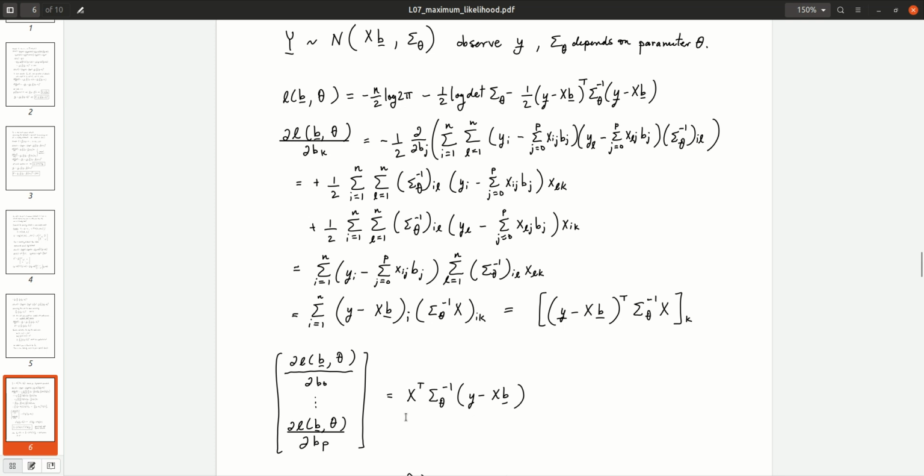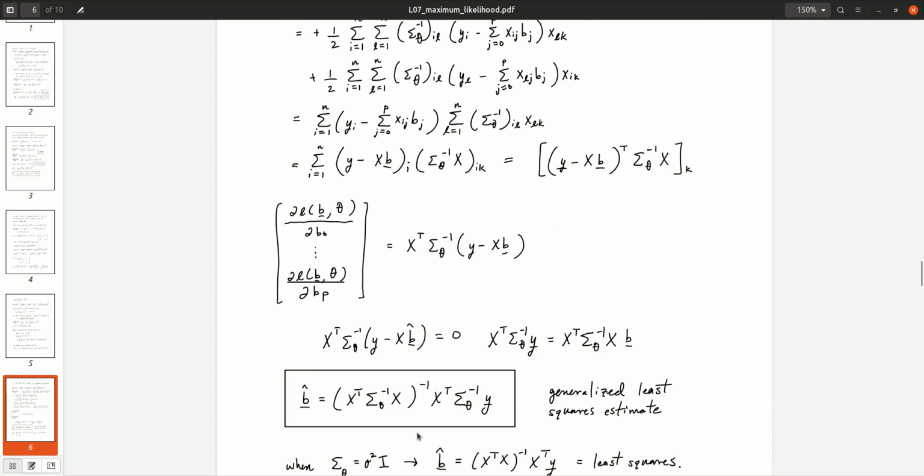So here, this is the transpose of all this stuff, because this thing actually is a 1 by p plus 1 vector. So I'm going to take the transpose to compare it to this vector. So it becomes x transpose sigma theta inverse transpose, and it's symmetric, so it just stays as is, and then the transpose of this. So the partial derivative vector is equal to x transpose sigma theta inverse (y minus xb).